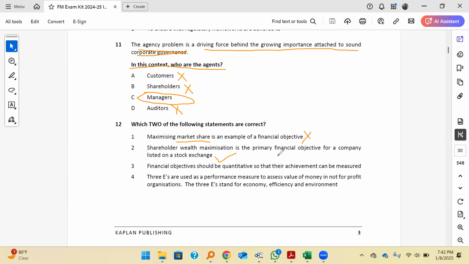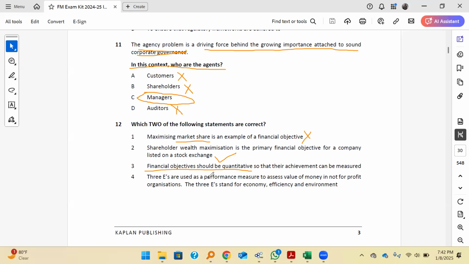Then: financial objectives should be quantitative so that their achievements can be measured. This is true, because nobody states an objective as just to improve profits. They normally say to improve profits by 20%. So it has to be quantitative but also measurable.